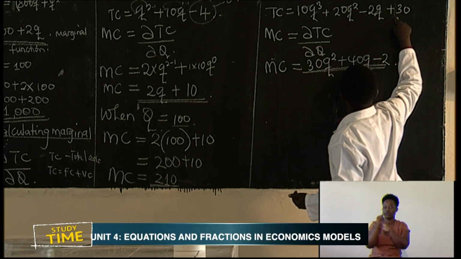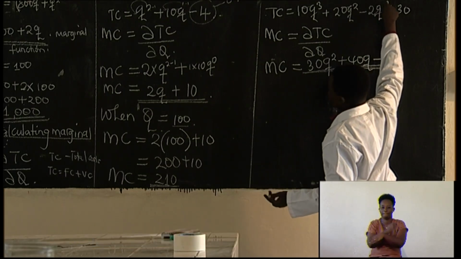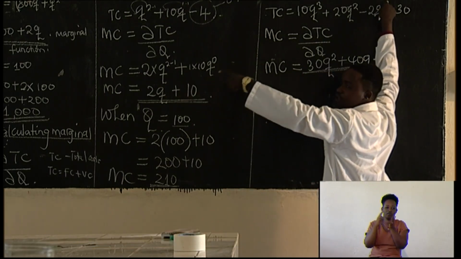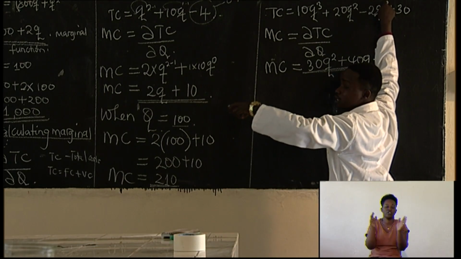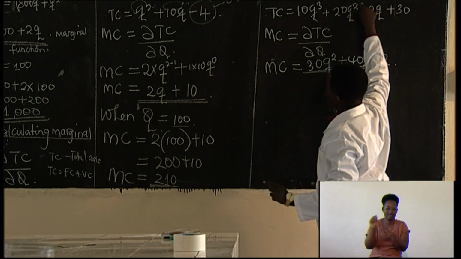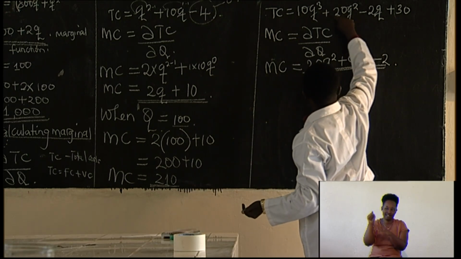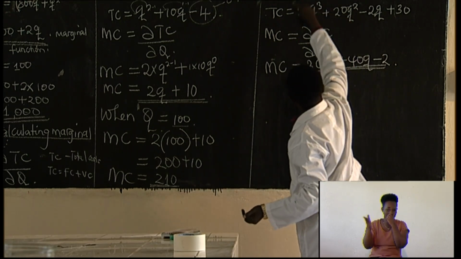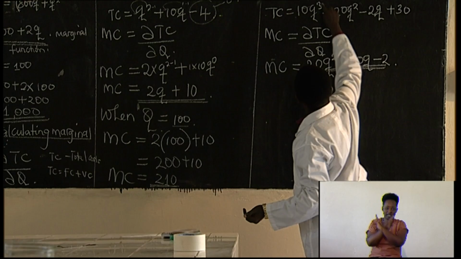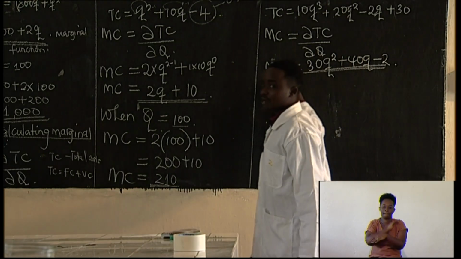Then this is power 1; when you subtract 1 using our general rule of differentiation, any number to the power 0 is 1, so you remain with 1, and this gives 40 when multiplied. When you bring 3 here, times 10, is 30, then you subtract 1 from the power and remain with power 2. This is the marginal cost function.